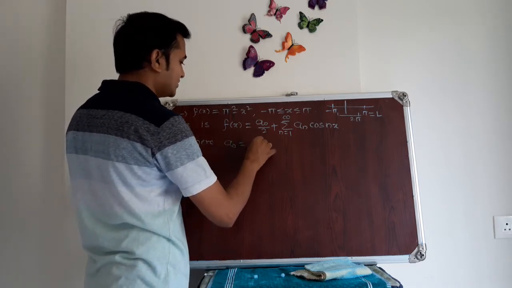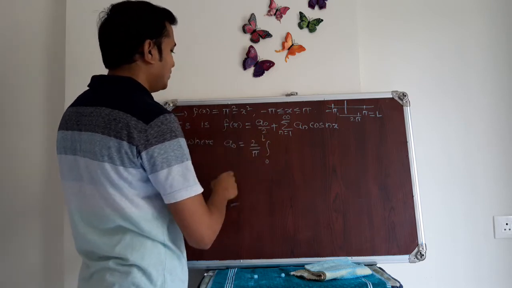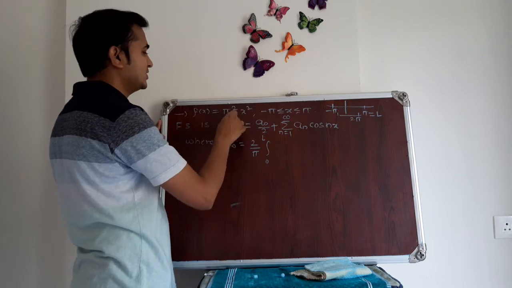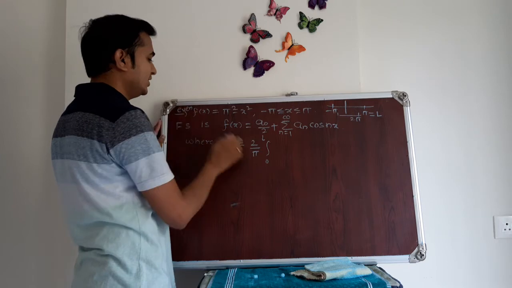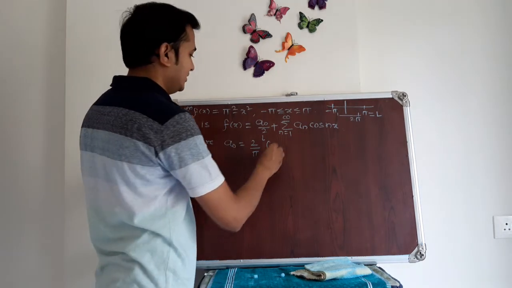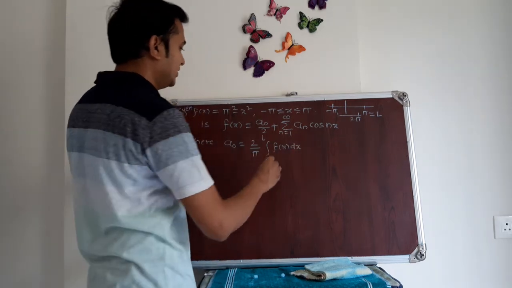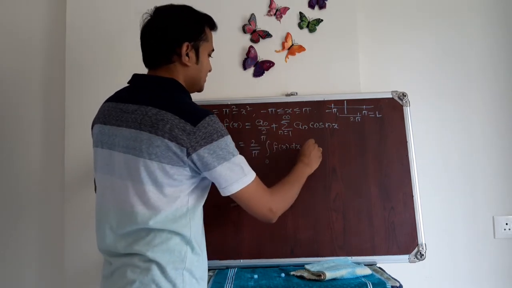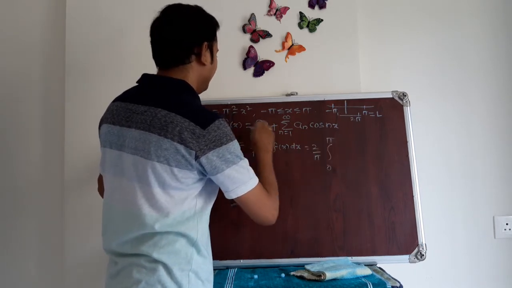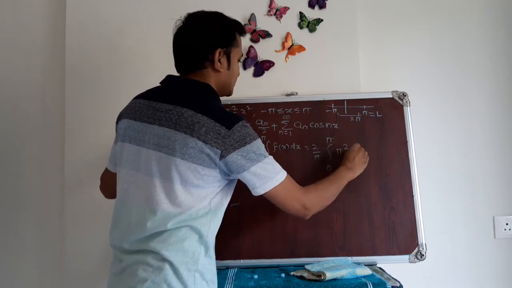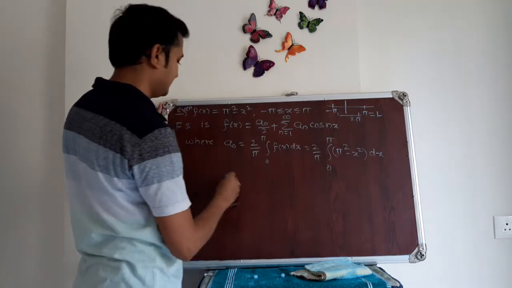2 by L, so 2 by pi integral 0 to L. And why is it 2? Because this function f of x is an even function. Let me mention that this function is even, therefore we are using this formula, f of x dx, which is equal to, L is pi actually, 2 by pi integral 0 to pi, f(x) is pi square minus x square dx.